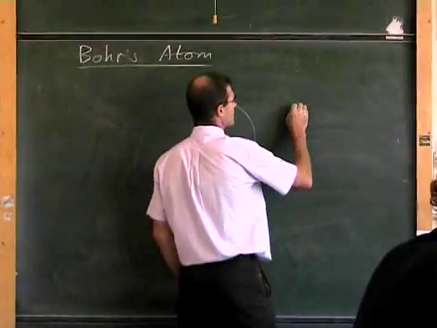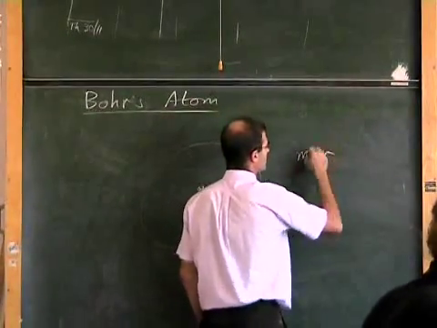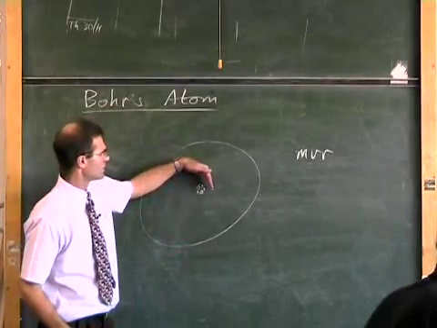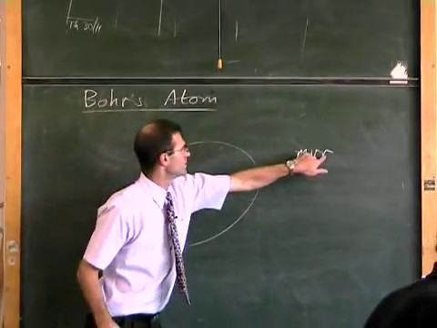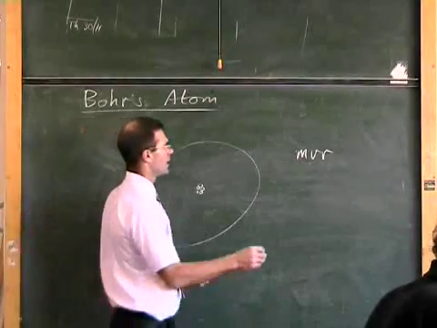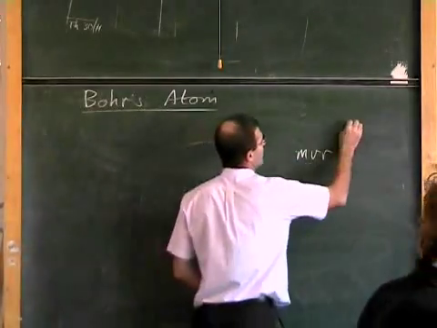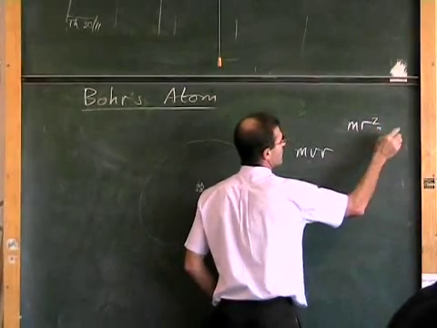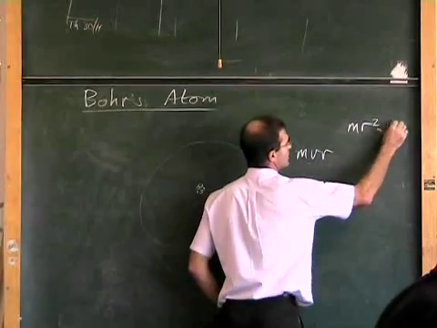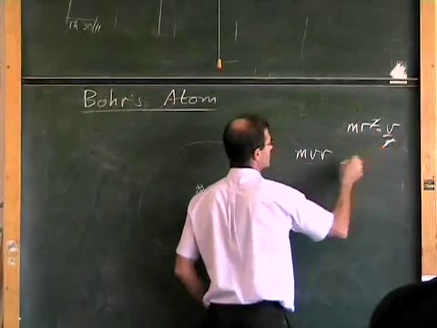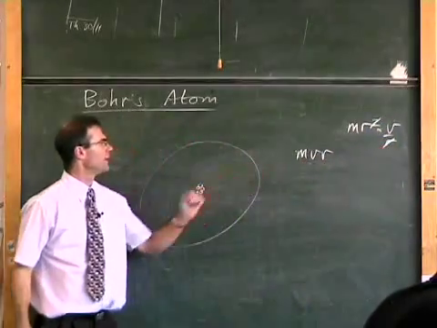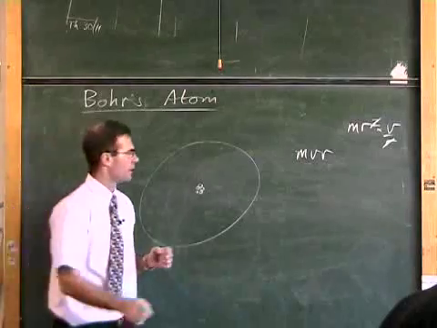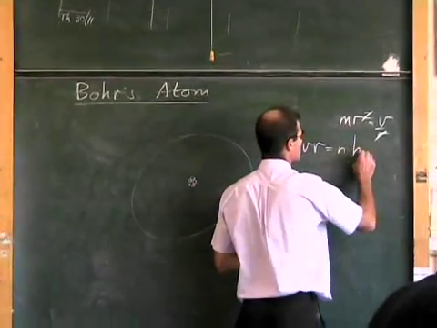Angular momentum is mvr: mr squared is the moment of inertia of a particle, times the angular velocity, which is v over r, so one r cancels. So mvr, the angular momentum of the particle, Bohr postulated, was just a particular number times Planck's constant.